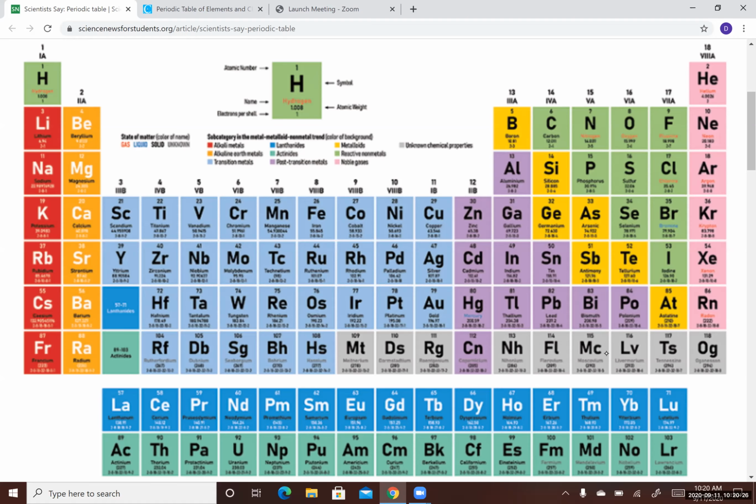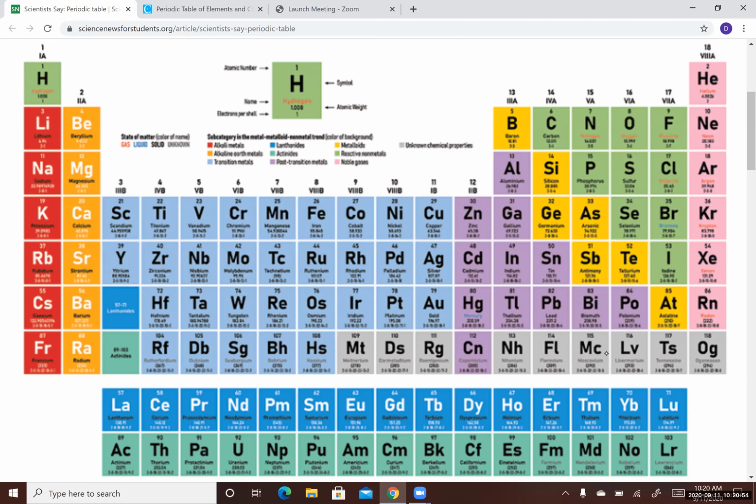So in the previous video, remember I was telling you that the periodic table is set up in order of increasing atomic number. So in the box for hydrogen, you see the value 1. That's because hydrogen's atomic number is 1. Helium's atomic number is 2, lithium is 3, beryllium is 4, and so on. Now notice when you get down here at barium, barium's at 56, and then it jumps over to hafnium at 72.